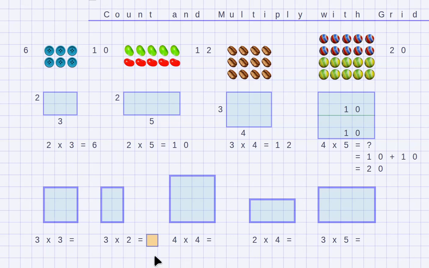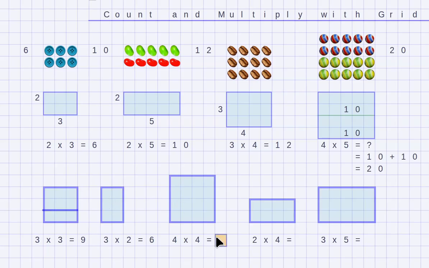So we can do this one easily. That's 6. Here we have 3 times 3, which is 2 times 3, so that one is the same as that. So we've got 6 there and another 3. So it's going to be 6, 7, 8, 9. And that one we've done.